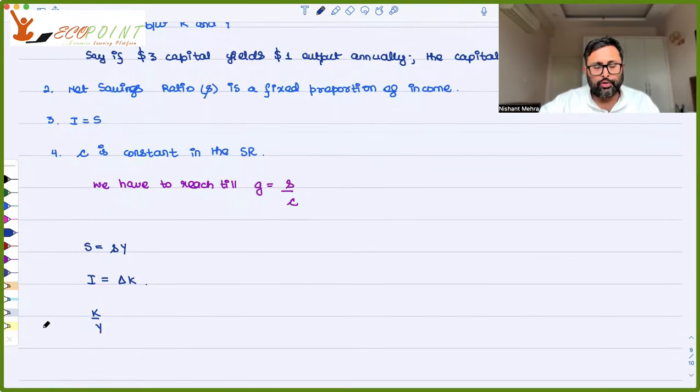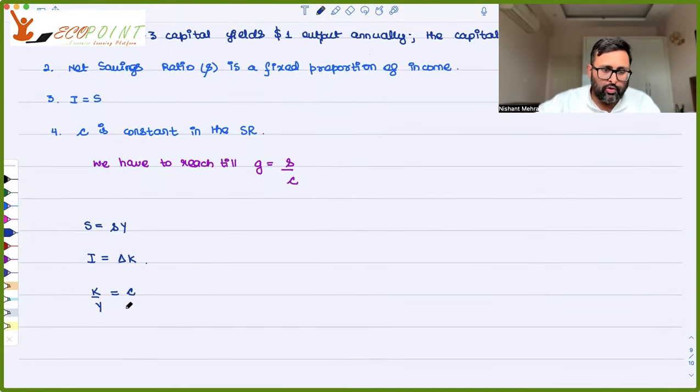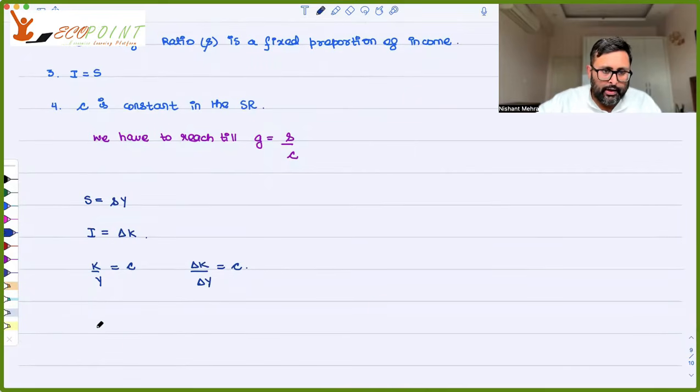Capital output ratio, this is your small c, and delta K by delta Y is also equal to small c, right? Because savings are equal to investment, and investment is equal to delta K, delta K is equal to small c into delta Y. So I can write this as capital S equal to small c into delta Y.